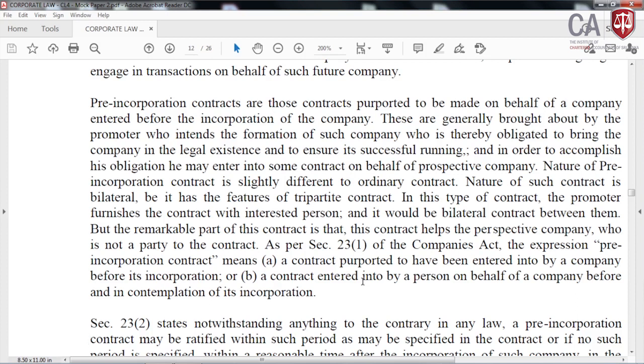So, therefore, this is not only dangerous, but extremely risky, because as I told you earlier, if the future company, once it comes into existence, does not ratify the pre-incorporation contract that the promoter entered into, then the promoter runs the risk of being personally liable.